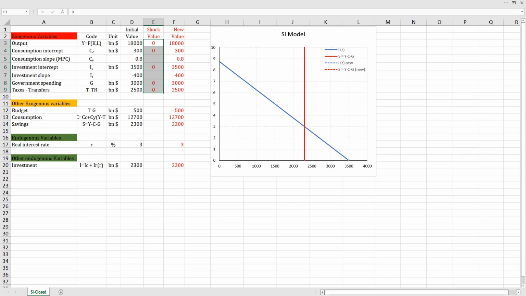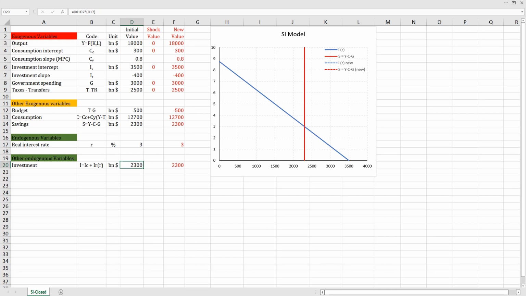So here's the graphical representation of these values, whereby our savings, which is equal to y minus c minus g, is 2,300. And then the investment function is negatively sloped, and that is given by this investment function.